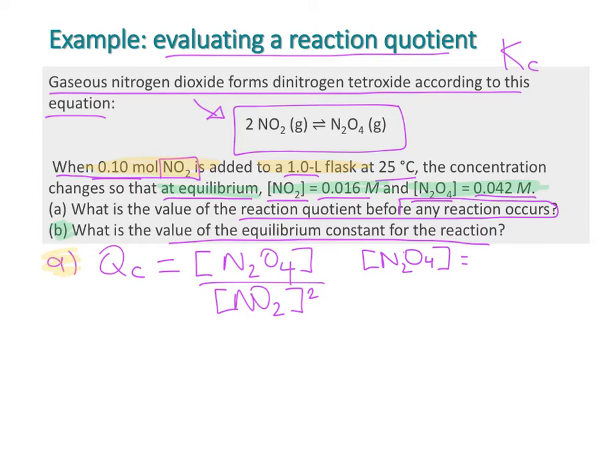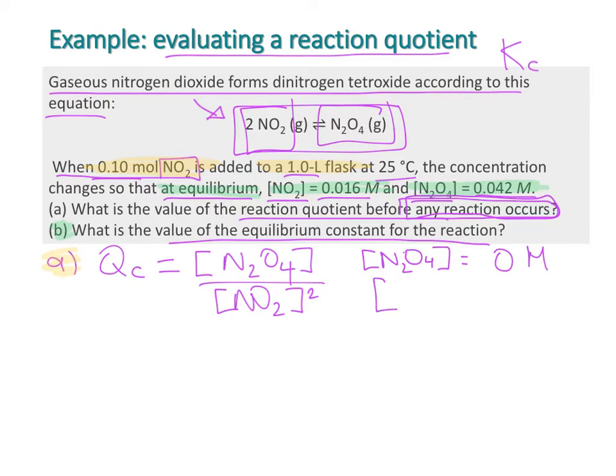So before the reaction even occurs, you only start off with this reactant. You don't have any product that has formed yet if the reaction hasn't occurred, right? It's telling you before the reaction occurs. So before the reaction starts, you never have any product. So we have 0 molar.